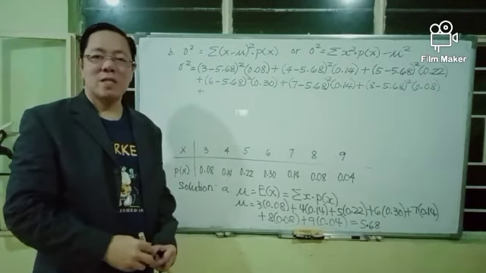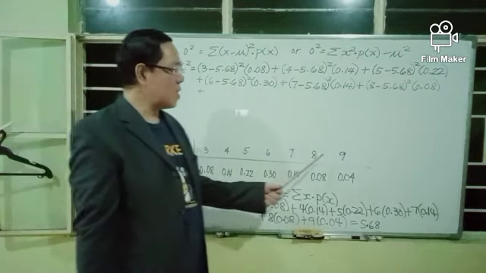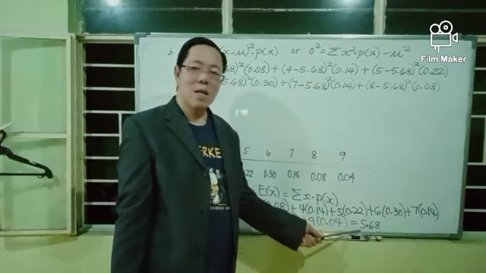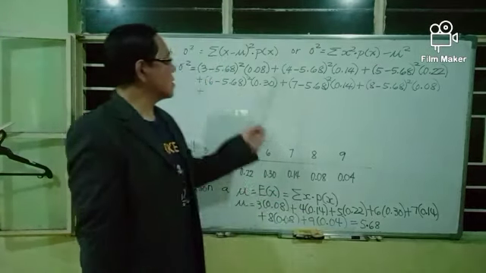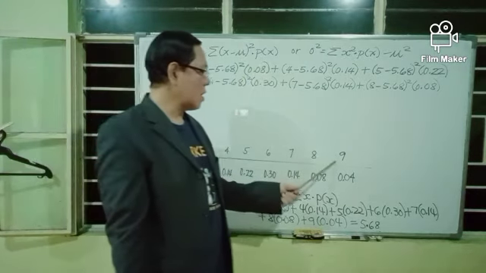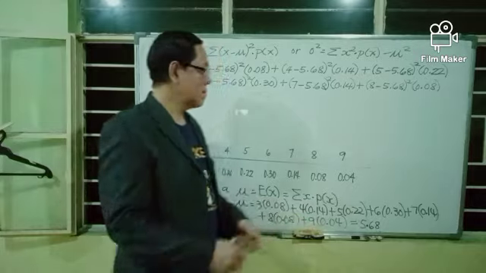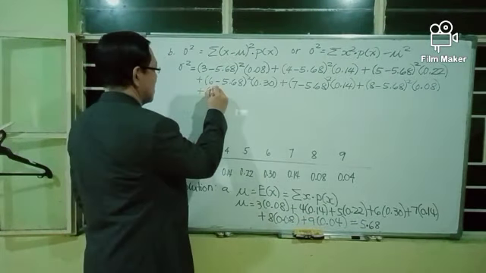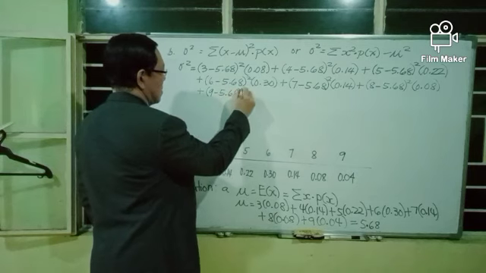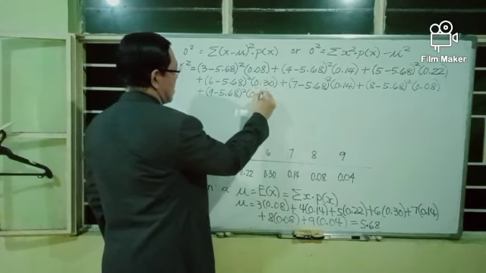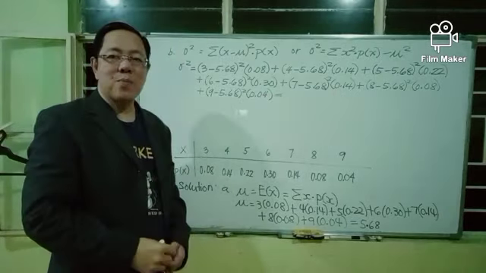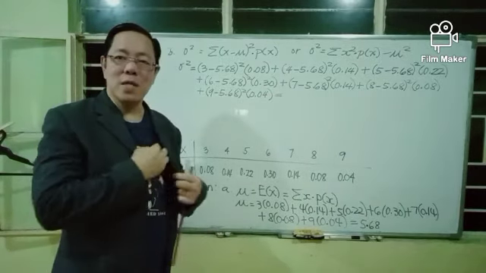And the last term in the summation is for x equals 9, minus 5.68, raised to the power 2, multiplied by the probability of x equals 9, 0.04. And we compute this using our calculator.